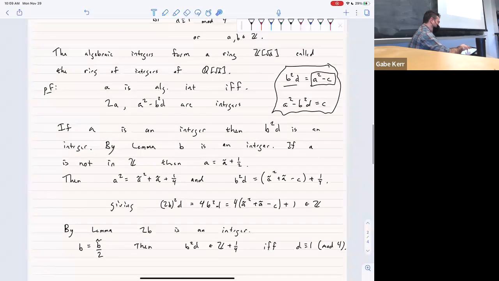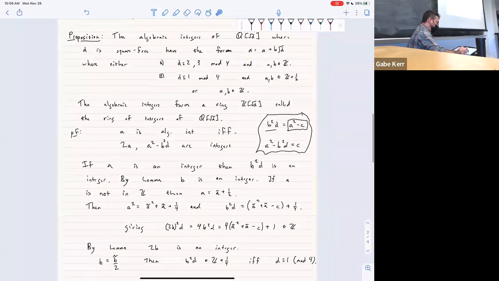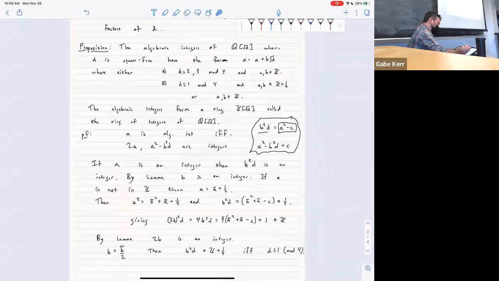What we're trying to prove, let's summarize what we said so far. We certainly know that alpha is an algebraic integer if and only if these two are integers. In the case that a is an integer, we get that b is an integer.